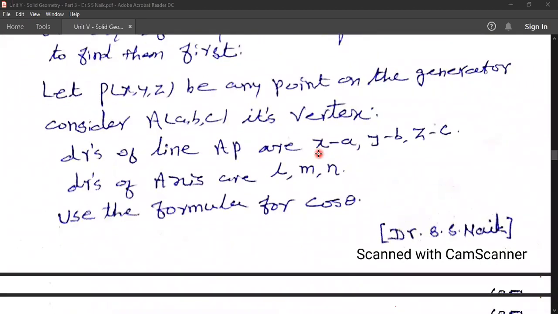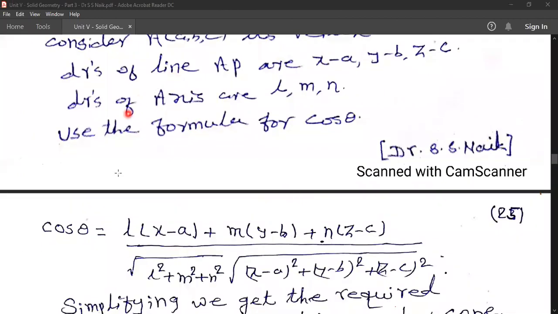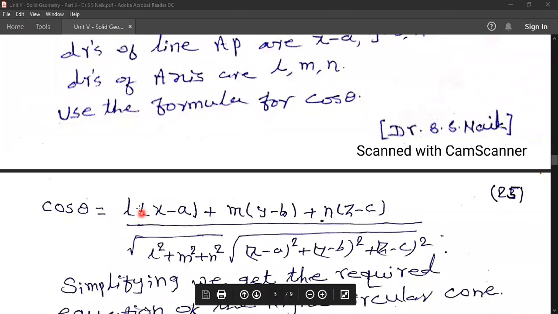Okay. Then use the formula for cos theta. You have to remember this main formula. This is cos theta is equal to L into x minus A, that is the product of the direction ratios of the axis and the line AP, which is on the generator, plus M into y minus B, plus N into z minus C. That is in the numerator.